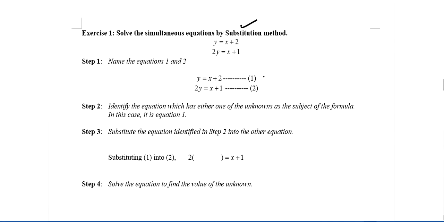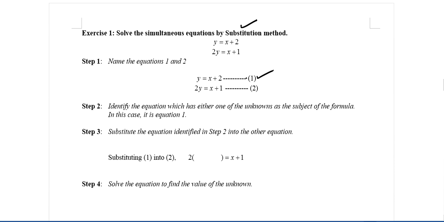So first step, you will label your first equation and your second equation. Then we will identify one of the equations and get one of the unknowns as the subject of the formula. In this case, we will choose the most convenient one. We realize that in equation 1, y is straight away the subject, so we will choose that.